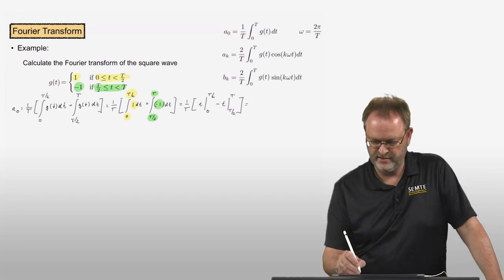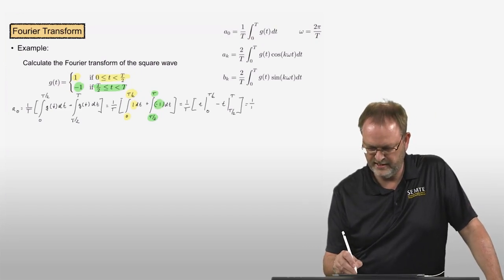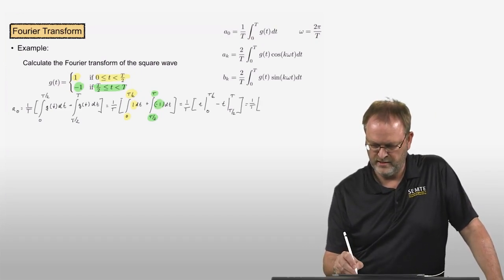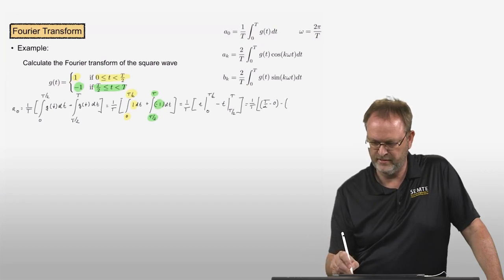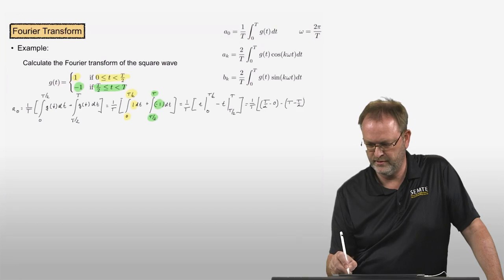Okay, so let's plug this in. It's 1 over T times, plug in the bounds, so T over 2 minus 0, minus the bounds of the other one, which is T minus T over 2.